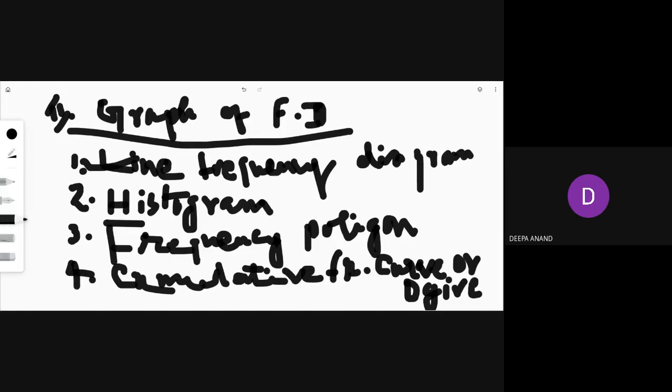Histogram also you know how to do. So we have to study only these two: frequency polygon and cumulative frequency curve or ogive. That is what we have to see now.